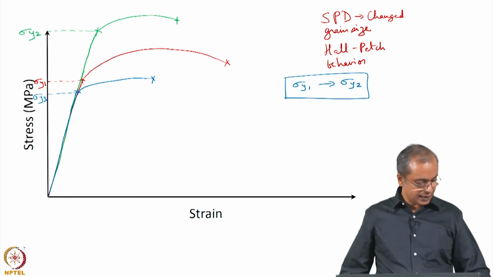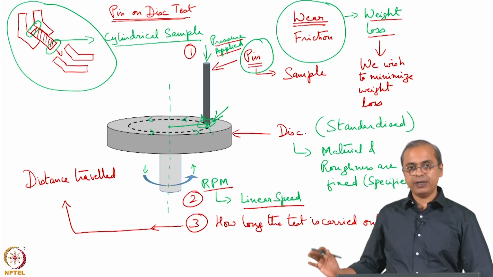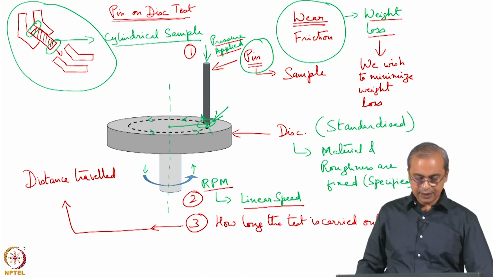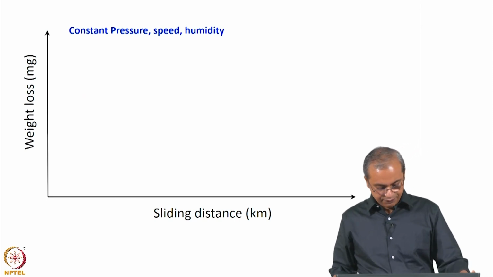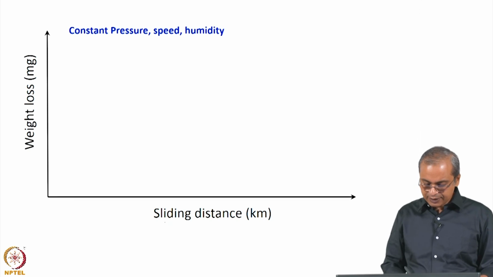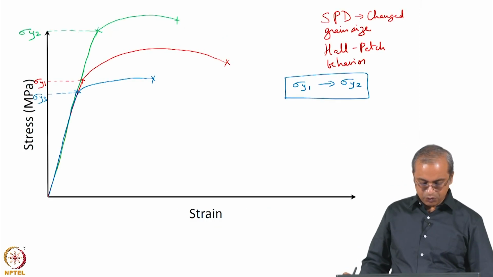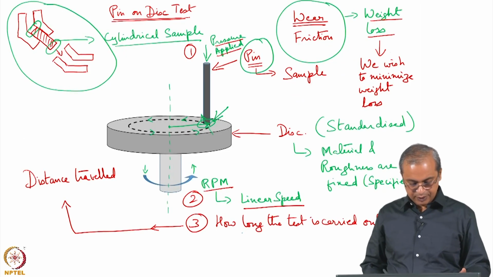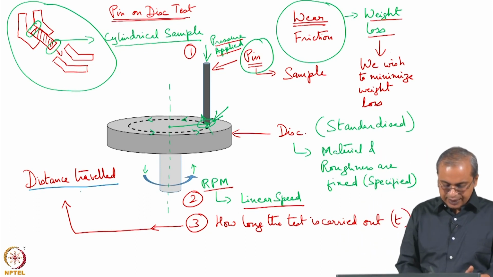And for that, as I said, we do the pin on disk test and we look for weight loss under different experimental conditions. For example, if you see here, we are looking at one possibility of this experiment where the variable is the sliding distance. If you go back to this plot, that variable is the distance travelled, that is the sliding distance.